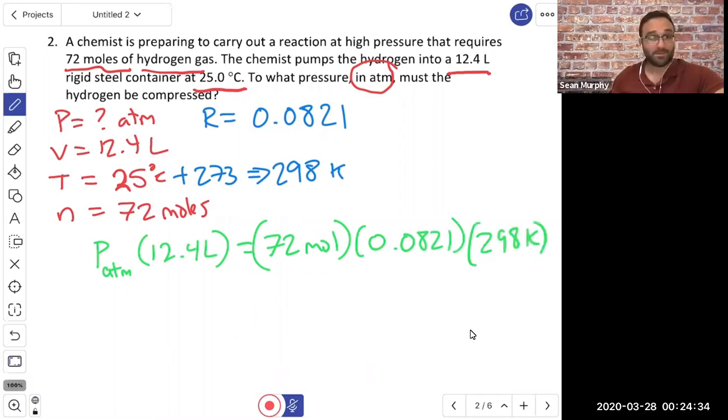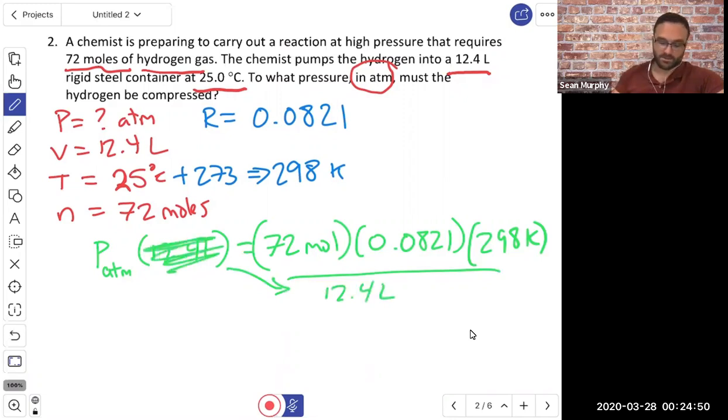How do we get P by itself? Well, 12.4 needs to go on the other side of the equal sign. And whenever you do that, you have to cross multiply. So this 12.4 is going to go down here. Going to scratch that out. So now we're going to just do 72 times 0.0821 times 298 divided by 12.4 liters.